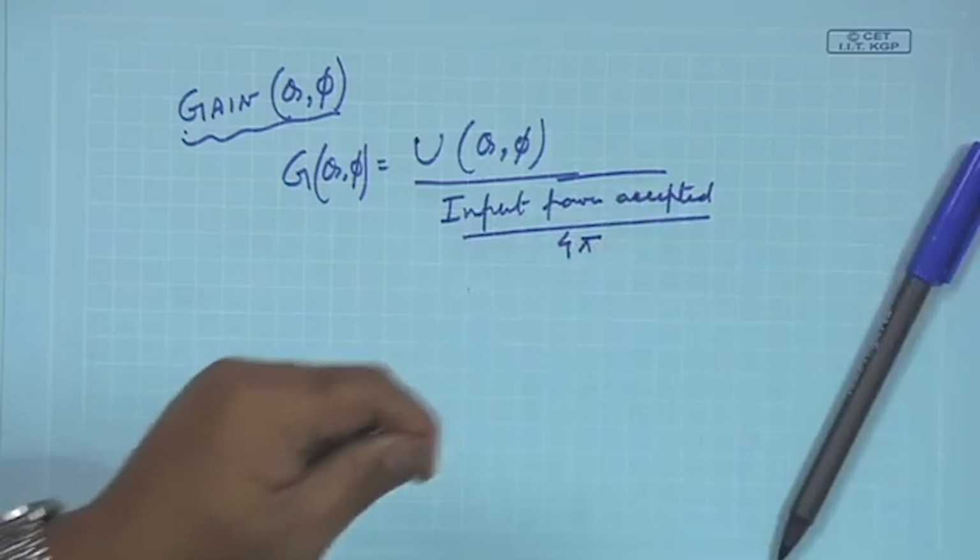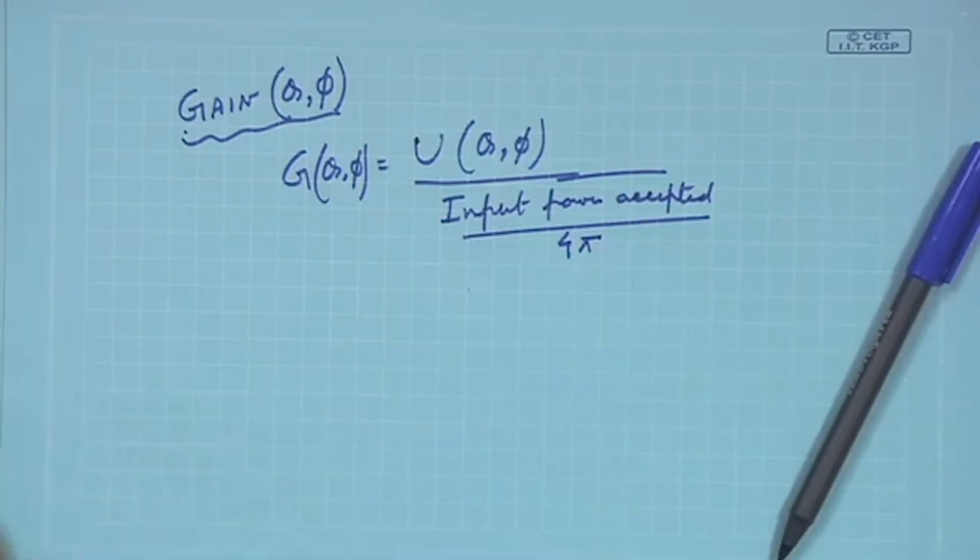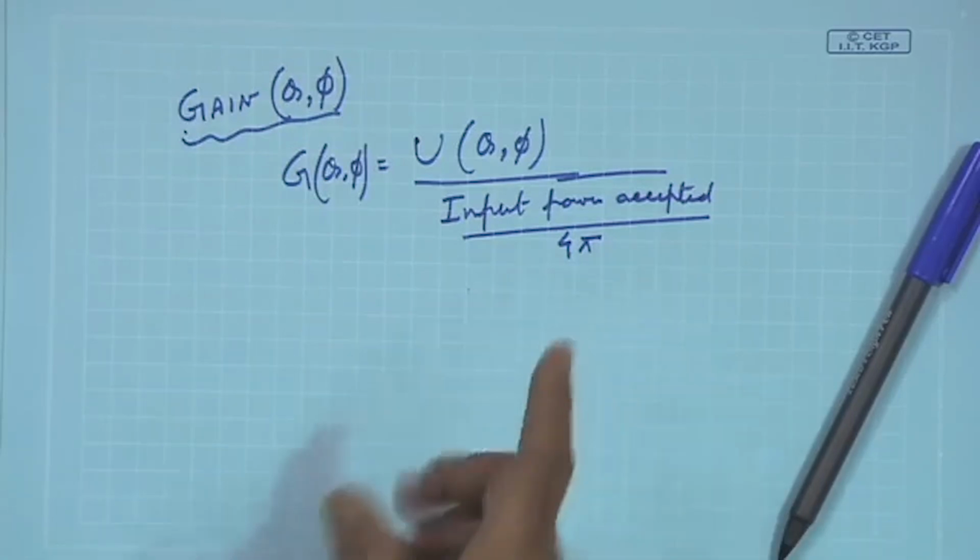Here it is the input power; in directivity it was the total power radiated. Here, instead of total power radiated, it is whatever power has been given.